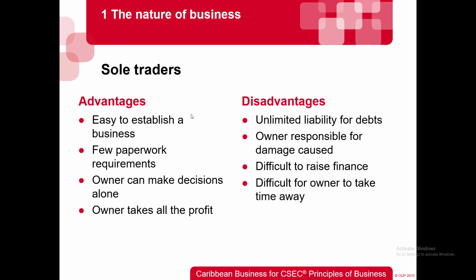Point three, owners can make decisions alone. Now, depending on how you look at this, it can be an advantage and a disadvantage. Advantage, you don't have anybody to argue with, right? You have an idea, you just do what you've got to do. It's your company. You don't have anyone to contradict you, anyone to answer to, and you don't have any shareholders who demand that your company keep growing.